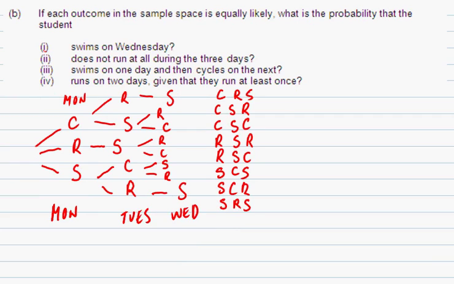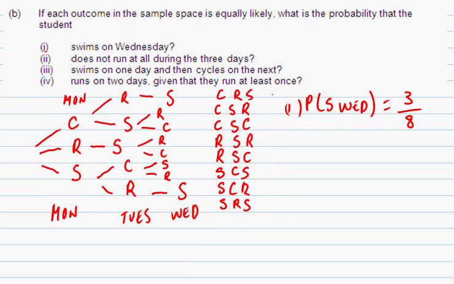So swimming on a Wednesday meant that there had to be an S on the last day, and there are 3 of those. So the probability of swimming on a Wednesday equals 3 out of a total of 8 possibilities.